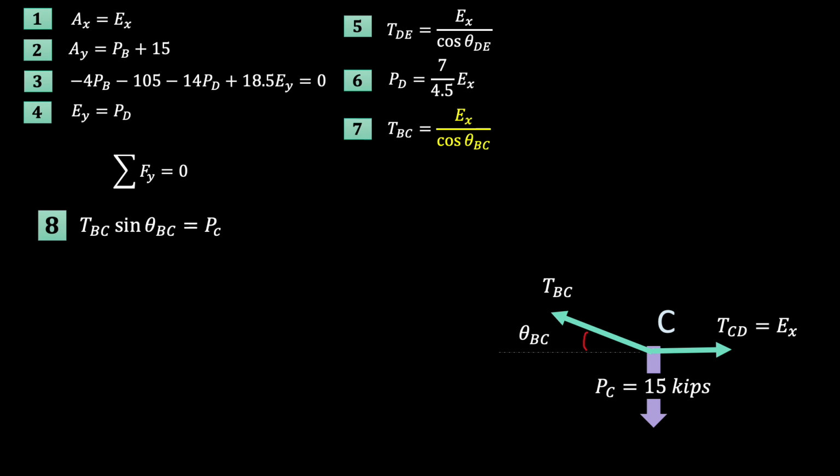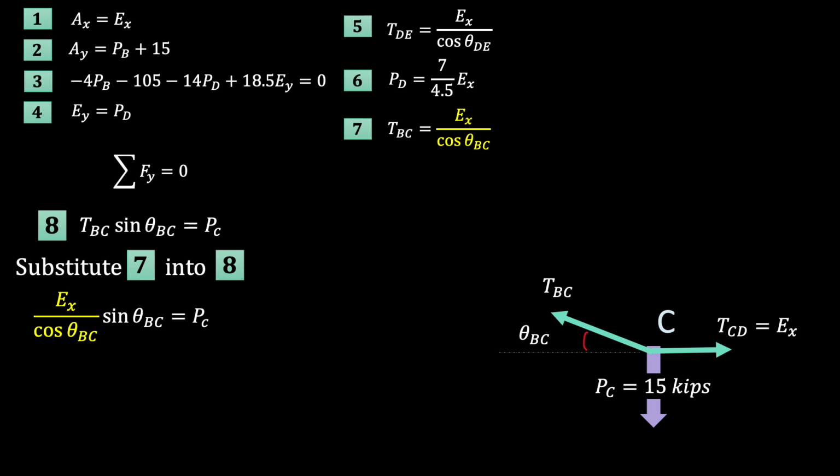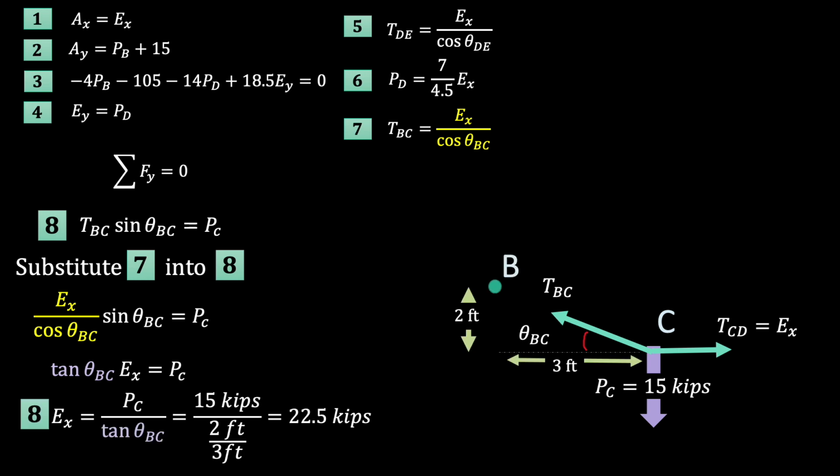Now we can use this joint to solve for our infamous EX. Using equilibrium in the y direction, we know that the y component of TBC has to be equal and opposite to the force applied at C. We can substitute that into the equation for TBC that we just found, and turn that sine over cos into a tangent, which we can once again use real numbers for.